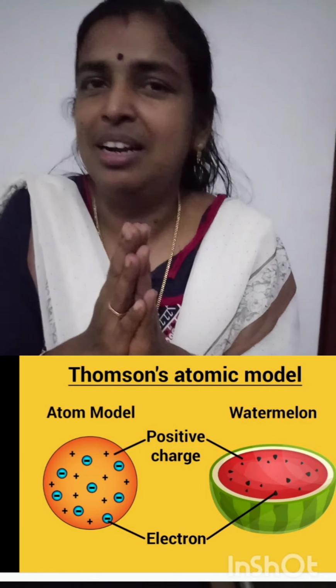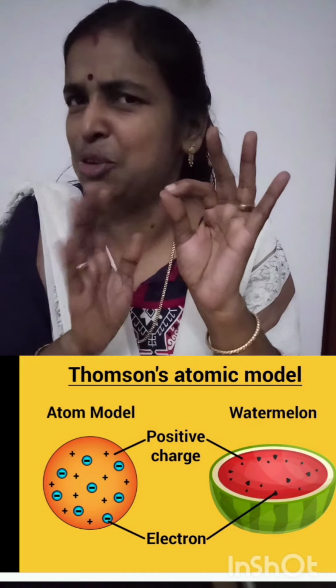I think watermelon is more familiar to you. In the watermelon, the black seeds we won't eat, those are electrons. We will eat the red mass, that is the positively charged mass.